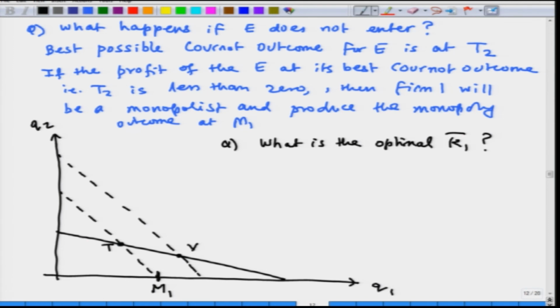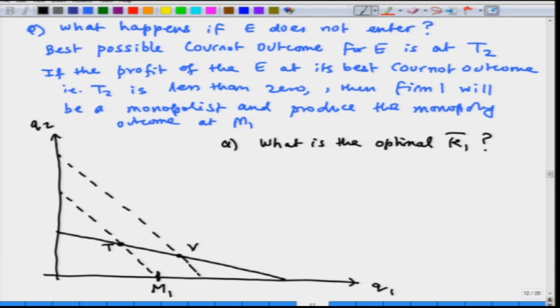In other words, let us say the fixed cost F for the entrant was such that even at its best possible output T2, its profit turned out to be negative, then the incumbent is essentially a monopolist and will simply set K1 bar equal to M1, and the output chosen by the incumbent in stage 2 is simply going to be the monopoly outcome.